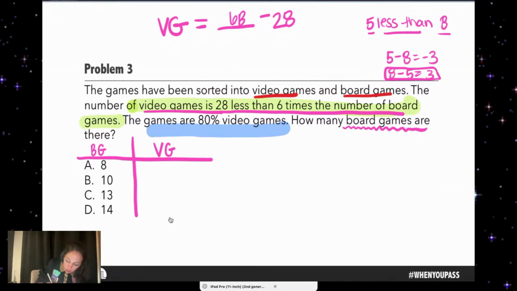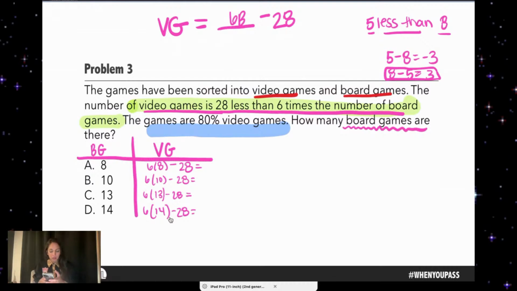So I'm literally going to take these numbers, plug the board games in, and solve. 6 times 10 minus 28. 6 times 13 minus 28. And I wouldn't necessarily write all this out. I'm just writing it out for visual purposes.